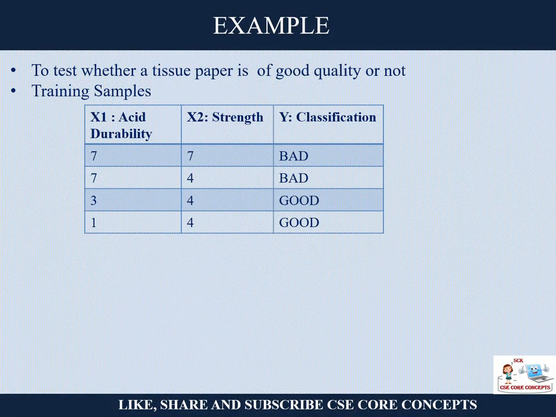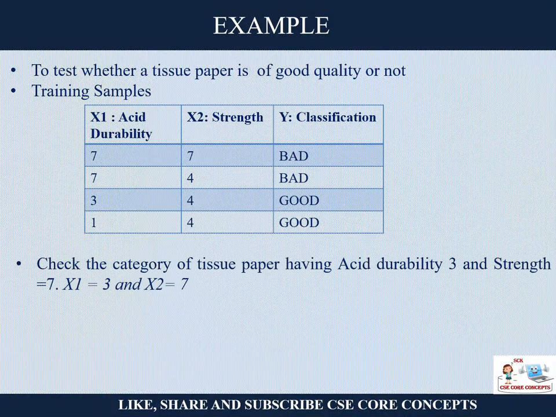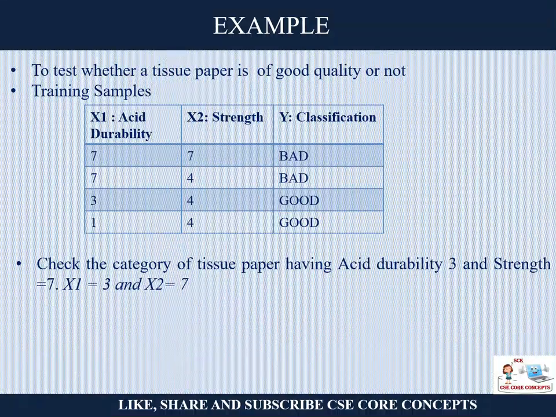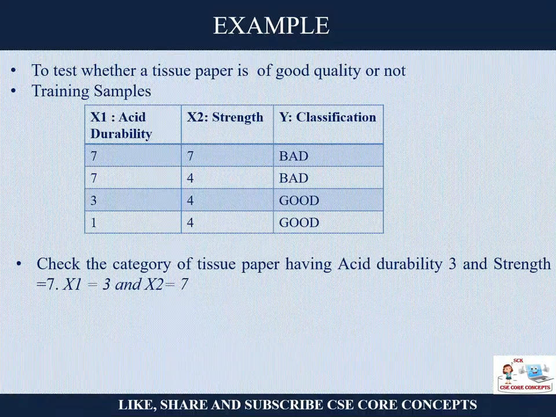As per the training sample, I can figure out that the acid durability should be less to make it good quality. The last two samples, with acid durability 3 and 1, belong to the good class. Now I am giving you a random value of acid durability, let's say 3, and strength 7.